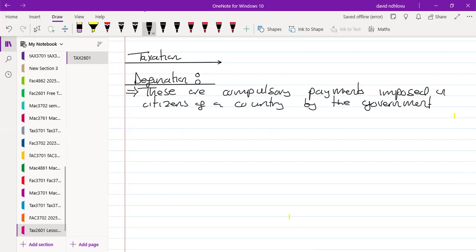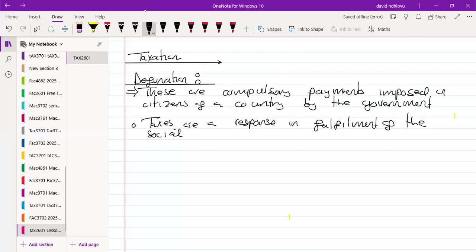Right. So one thing is that taxes are a response in fulfillment of the social contract. If you go to other literature, they call it a social compact.